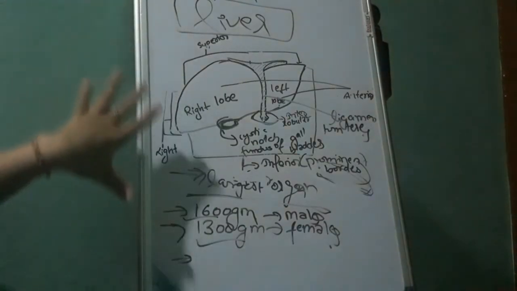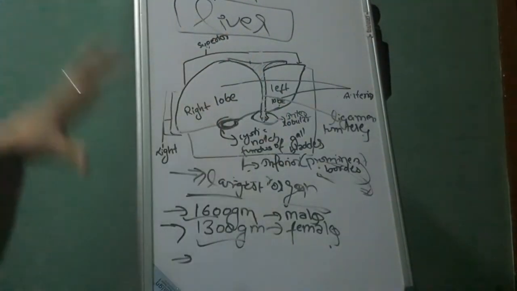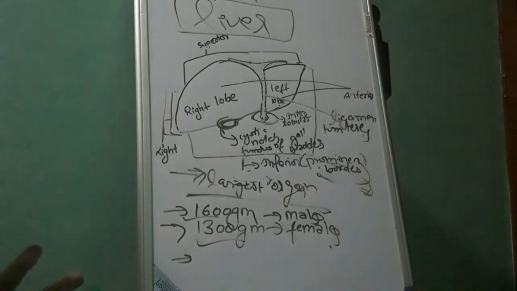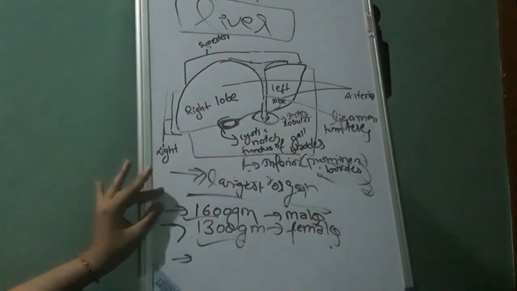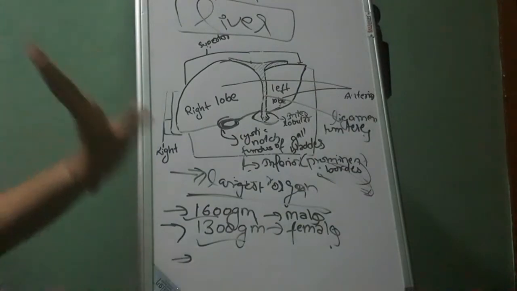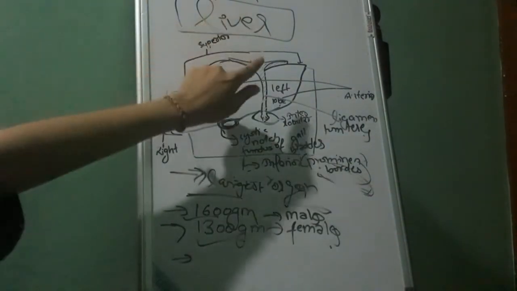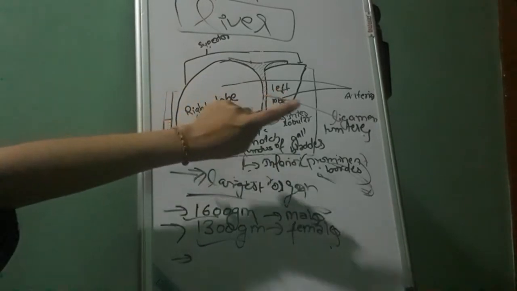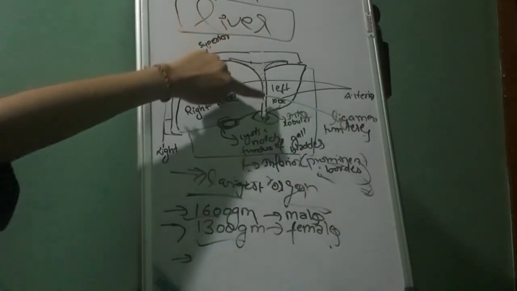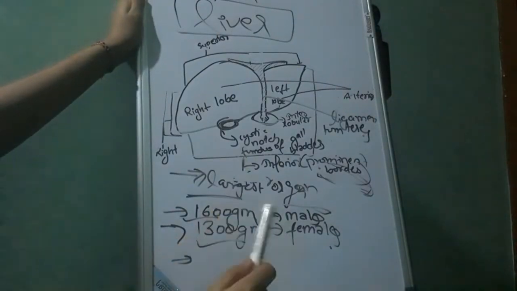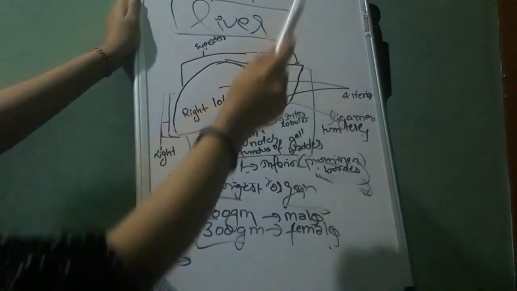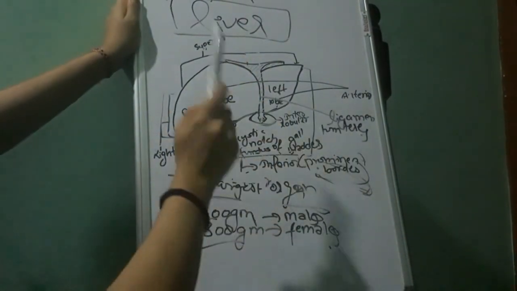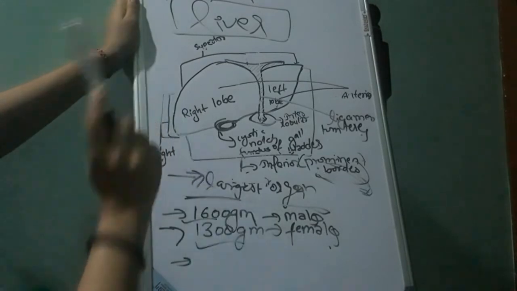So what we have talked about till now is the anatomy of the liver. First of all, in the introduction we discussed that the liver is the largest organ, reddish brown in color, which weighs 1600 gram in male and 1300 gram in female, and it is divided into two lobes, right lobe and left lobe, by the help of the ligamentum teres. The liver has five borders, that is the right, superior, inferior, anterior and the posterior border.